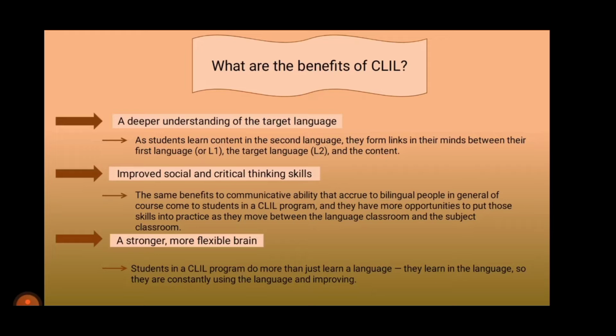The same benefits to communicative ability that accrue to bilingual people in general, of course, come to students in a CLIL program, and they have more opportunities to put these skills into practice as they move between the language classroom and the subject classroom.